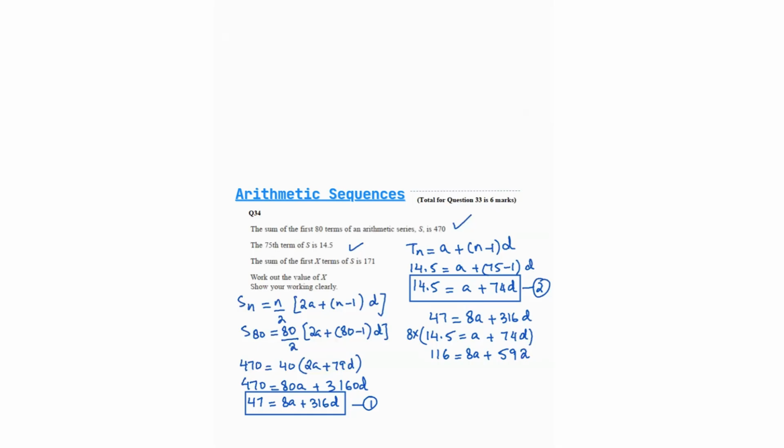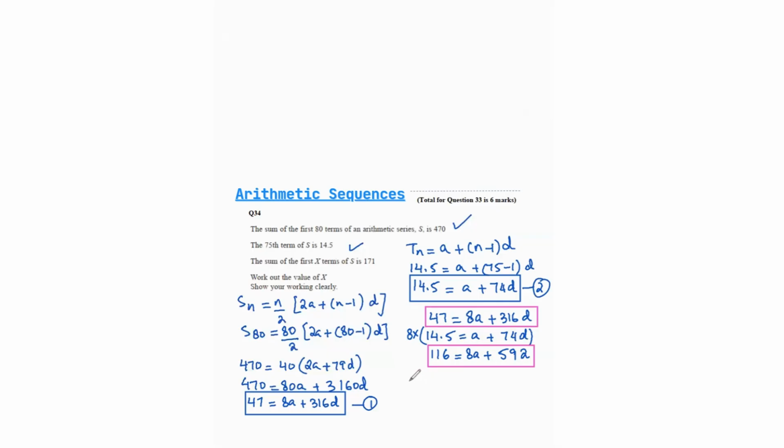Let me highlight the two equations that we're going to solve simultaneously now. Since a is positive in both the equations, we'll subtract the two equations.